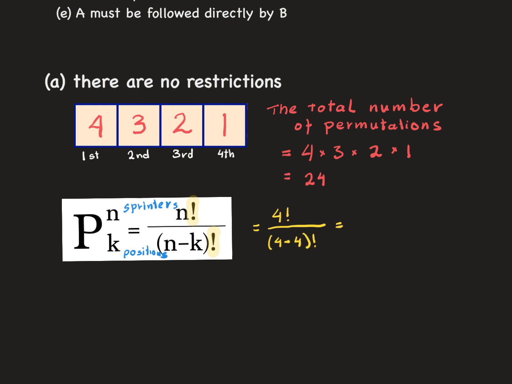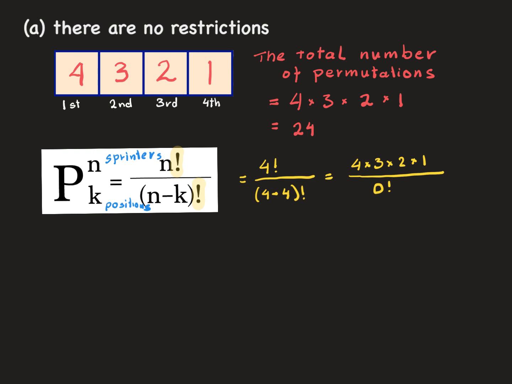If we expand this, we will get 4 times 3 times 2 times 1, divided by 4 take away 4, which is 0 factorial.